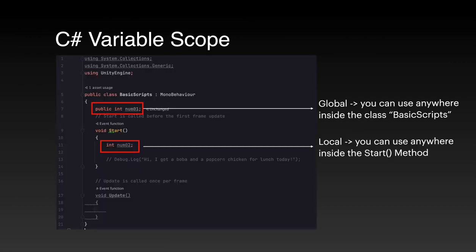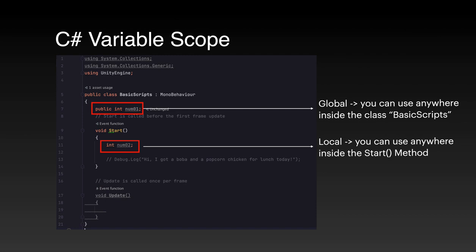Okay, so let's take a look. If we put public in front, it means it can be used anywhere inside the class, and also public means that it can be accessed from other scripts. If you put it outside of the methods, that's global.